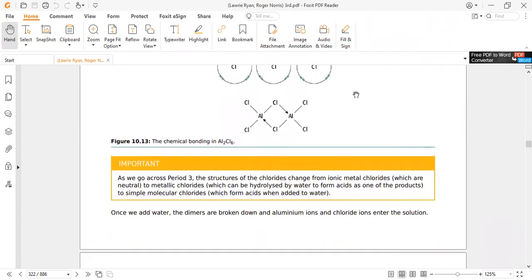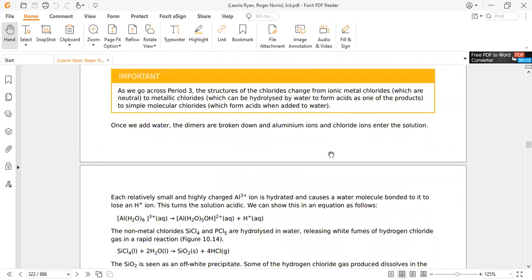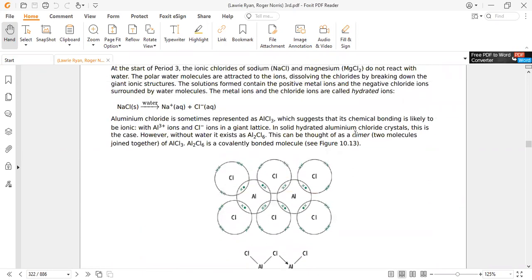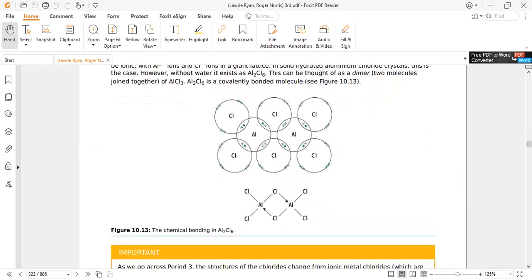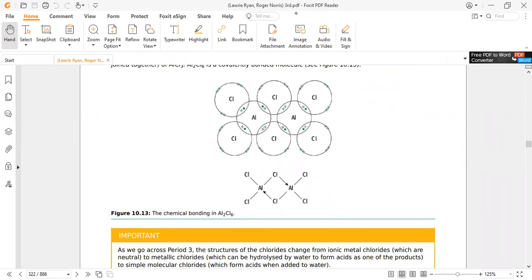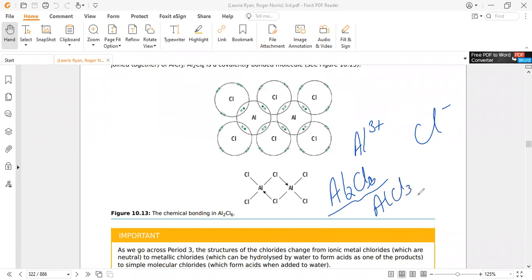First of all, aluminum chloride exists in the dimerized form, Al2Cl6. This compound slowly breaks in water and gradually produces Al3+ and Cl-. It converts first into one form and then into another form in aqueous solution.